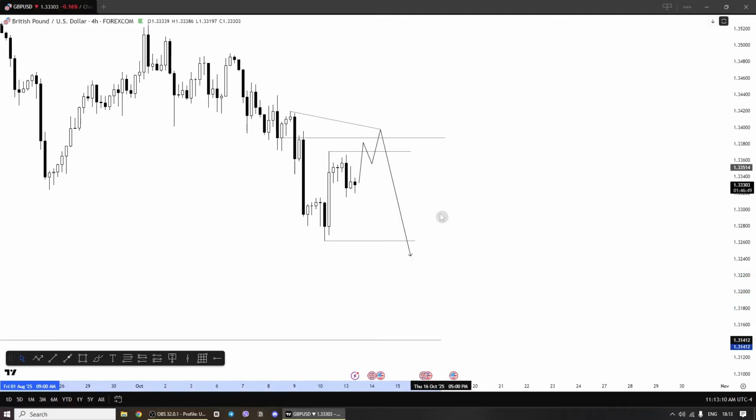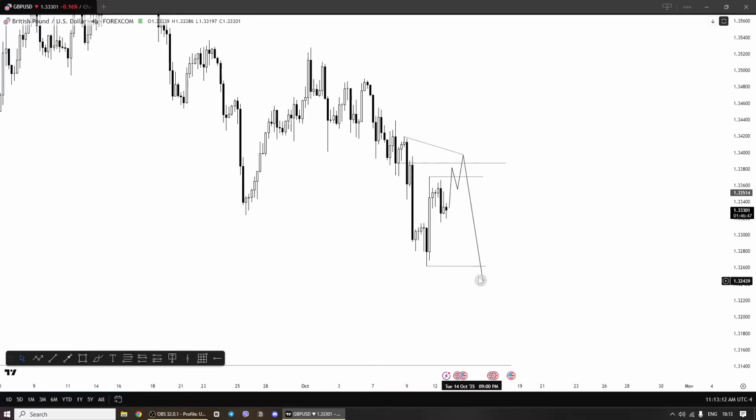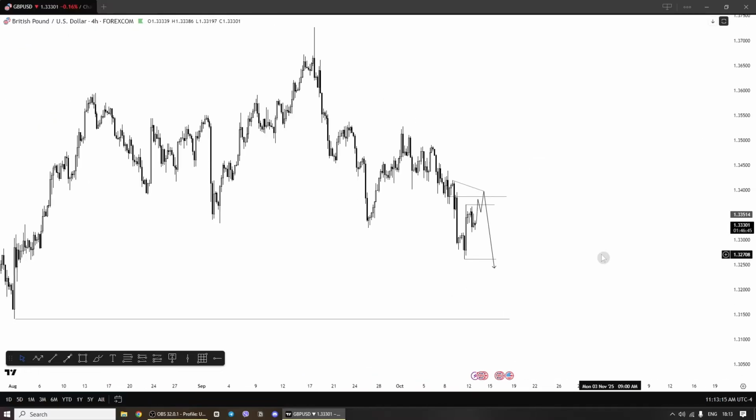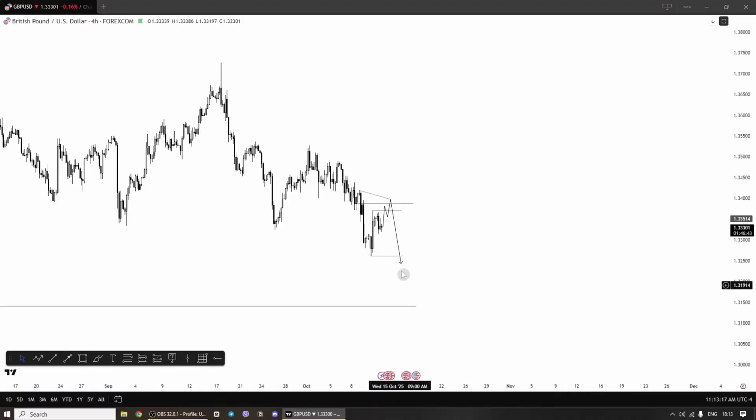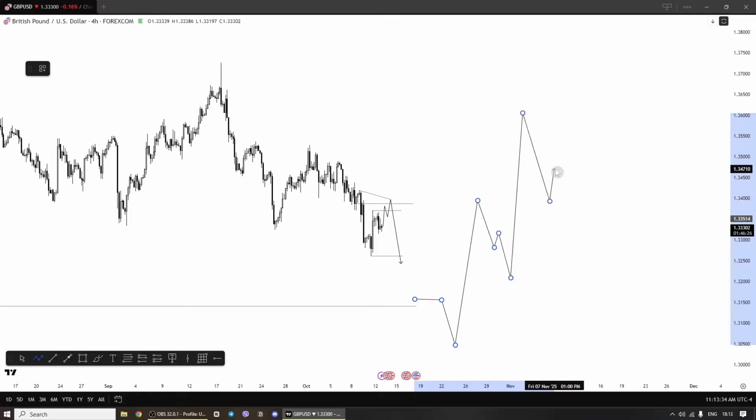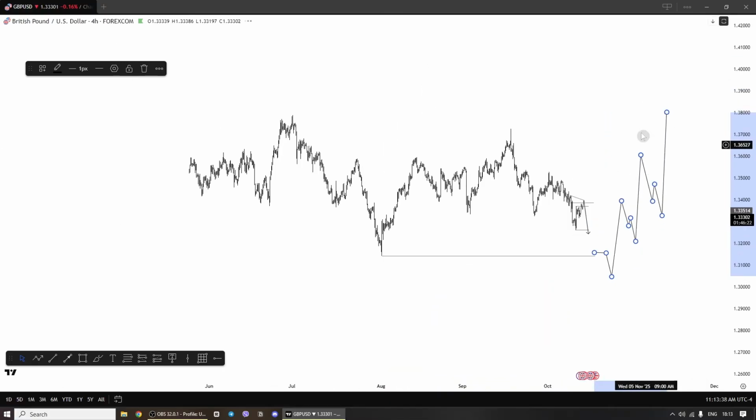And once this draw on liquidity is met, I would want to see first how it is met. If we come here at the end of the week, I would like to see the week open and low, take out the previous week, and retrace higher to continue our bullish order flow targeting these highs.